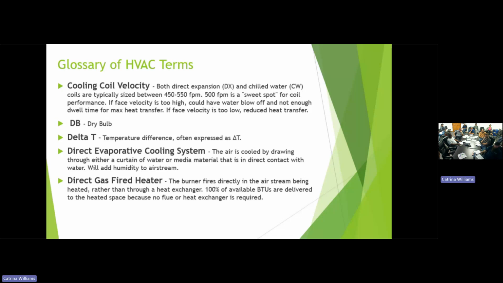The drawback is you're putting the products of combustion in the airstream. But we'll show you again in version 2 the levels we have to maintain on direct fired units. They're a very safe system. They're mainly used for makeup air. In other words, they don't get recirculated as a rule.